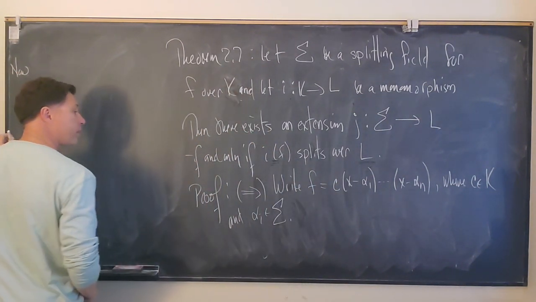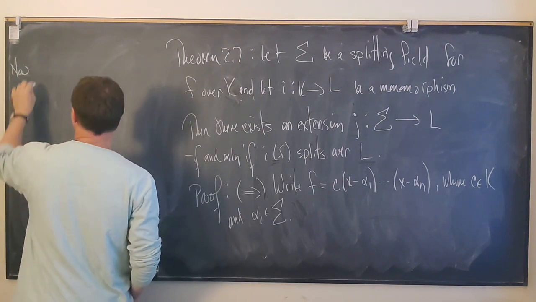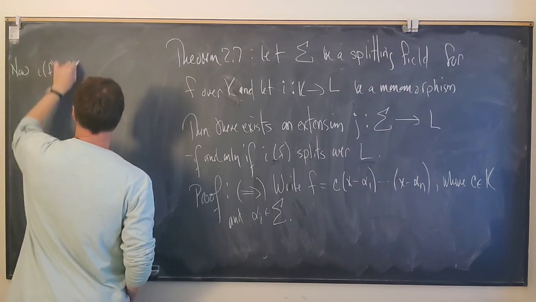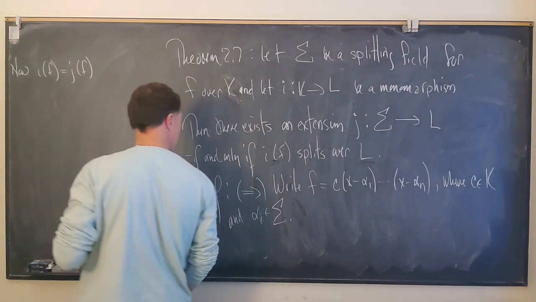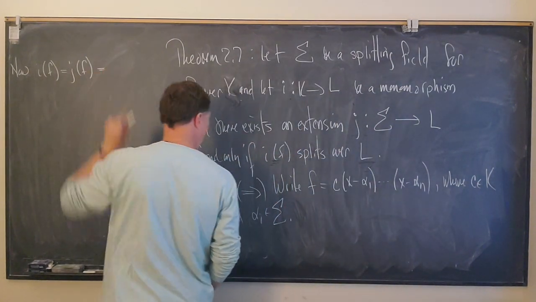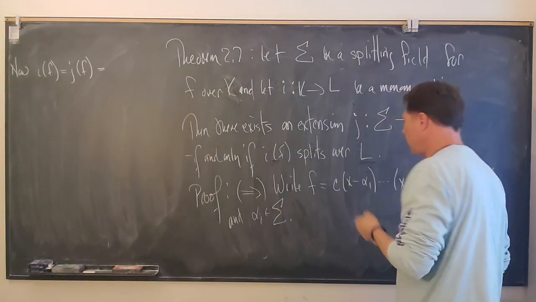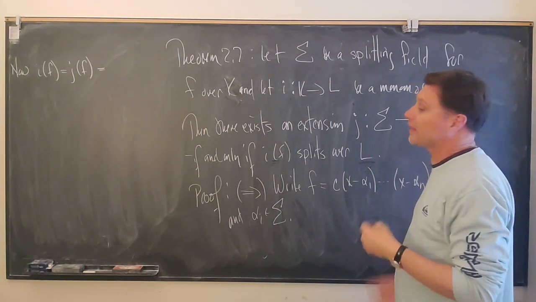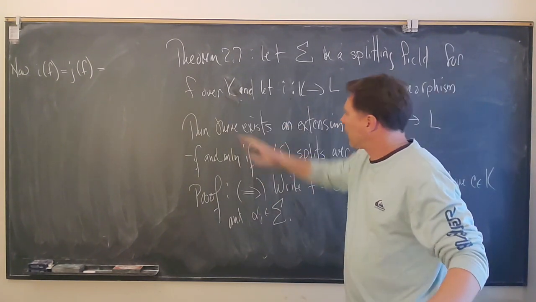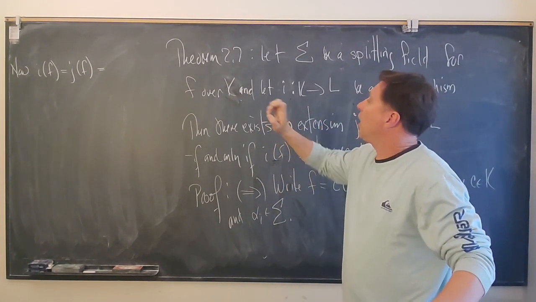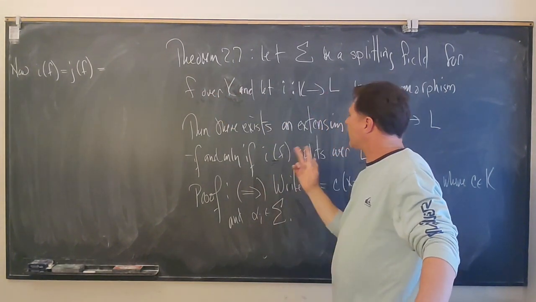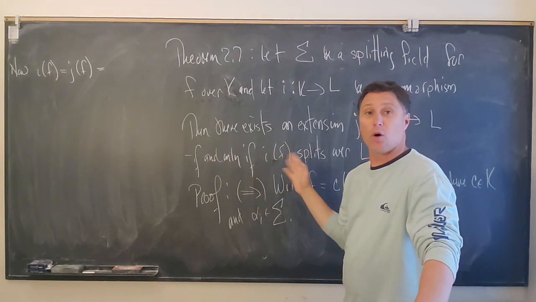So now, I of f is equal to j of f, because j extends I. Here's what's happening. f lives in k bracket x, and so the coefficients of f live in k, and so we can apply I to each of the coefficients.